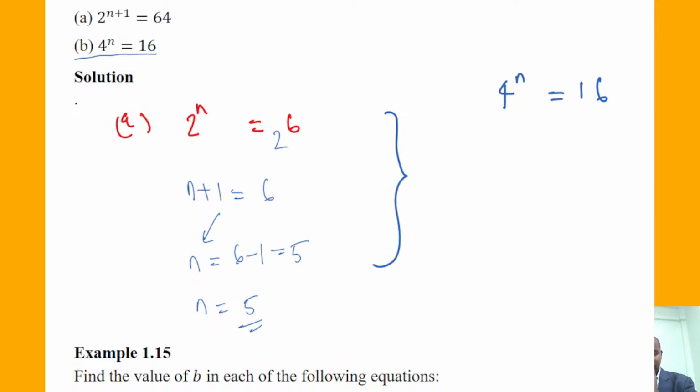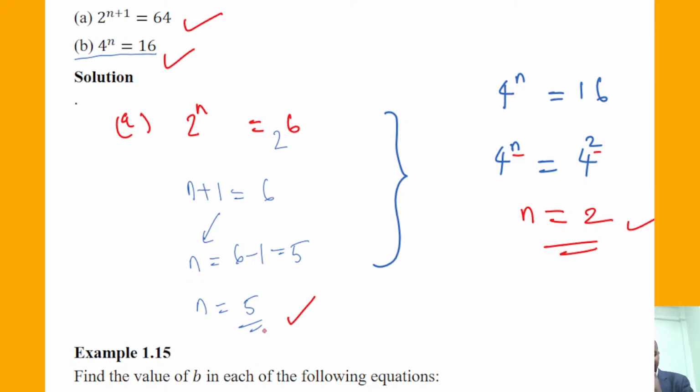So 16 is actually 4 squared. So I'll take 4 to the power n equals 4 squared. Once again, the bases are the same. We just compare exponents, and in this case, n equals 2. So for part 1, the value of n is 5, and for part 2, the value of n equals 2.